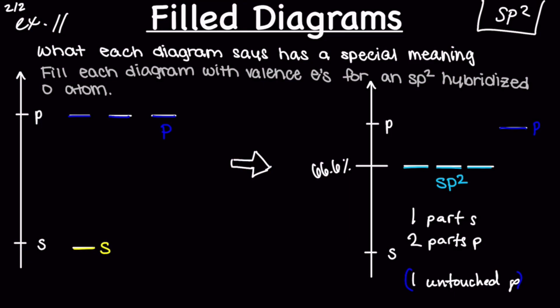Now, for our second example, we are dealing with an sp2 hybridized oxygen. That means that rather than having 4 hybrid orbitals at the same energy level, we will now only have 3, according to this pre-drawn structure for you. And this 4th orbital is simply your untouched p orbital, and that will actually have a very special use in just a little bit.